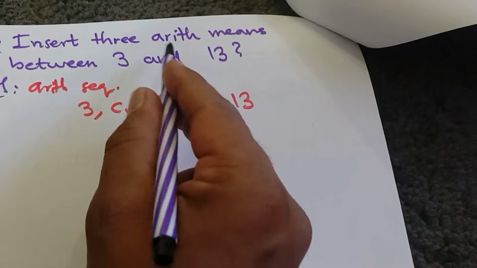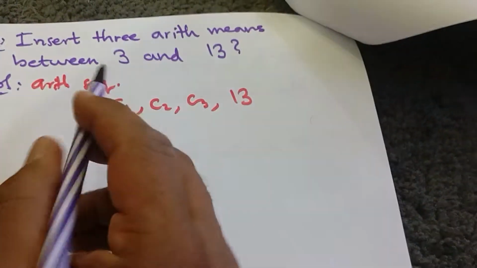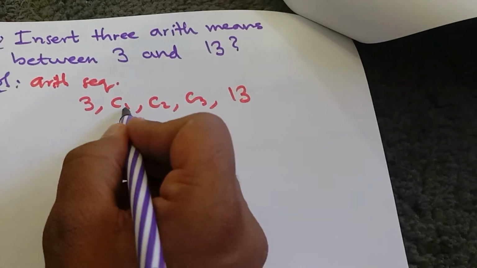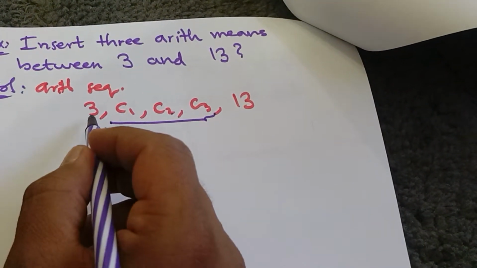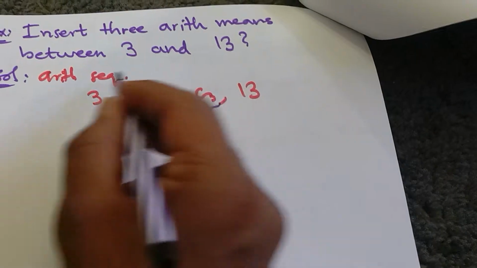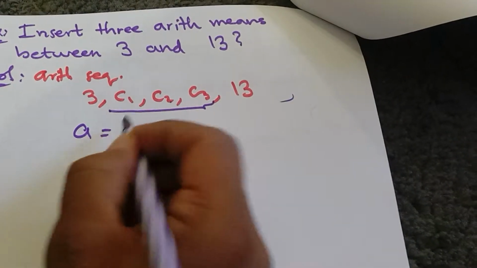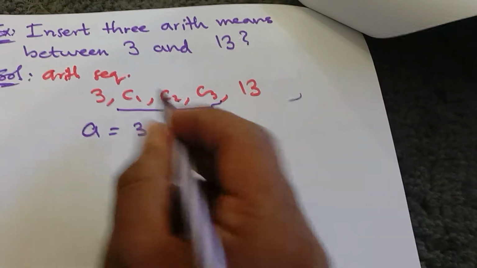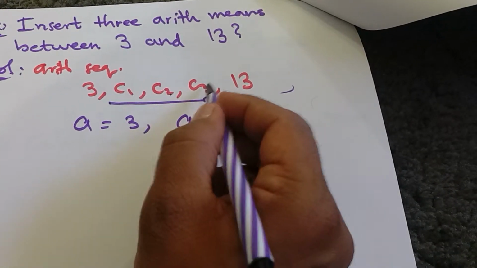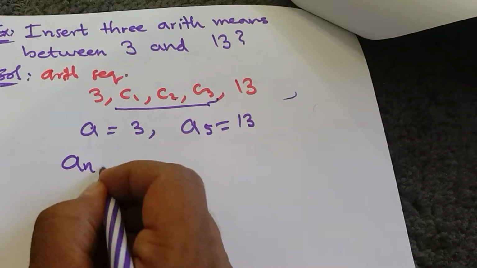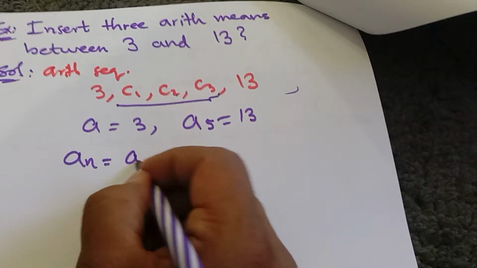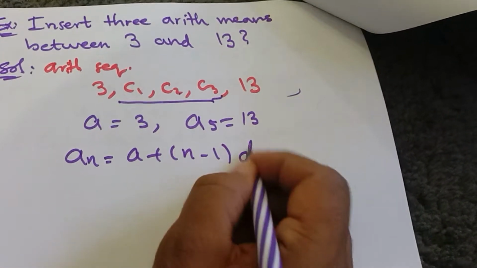Here we need to insert 3 arithmetic means, so that's 3, C1, C2, C3, those are the arithmetic means. So we have an arithmetic sequence with 5 terms, A1, A2, A3, A4, A5, so A equals 3 and A5 equals 13. And we have A_n, as you remember, equals a plus n minus 1 times d.